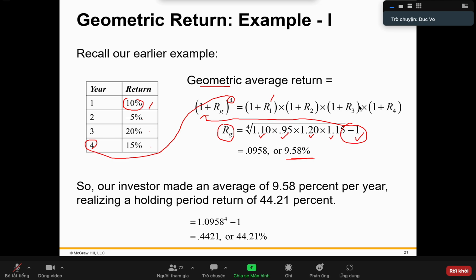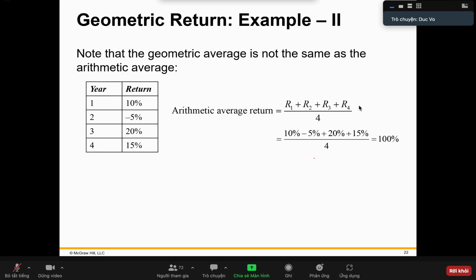What does this mean? It means that if you use geometric average, every year you earn about 9.58%. So that is what it means when you talk about geometric average. Now, if you look for the average method, that's very easy. You just simply add them up, and then you divide by 1, 2, 3, 4, divide by 4, and you get 10%.